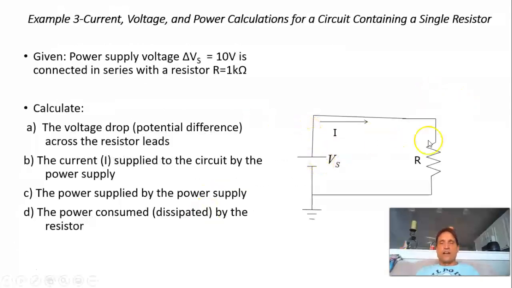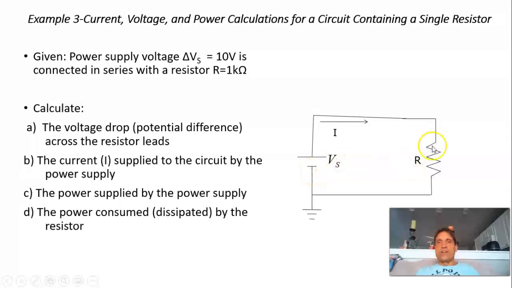Well, if it's connected to a 10-volt power supply and there's nothing else in the circuit, it's going to be 10 volts across the resistor, right? Kirchhoff's loop law: you gain 10 volts going clockwise across the battery. We must lose 10 volts going across the resistor so that we end up back where we started, at 0 volts.